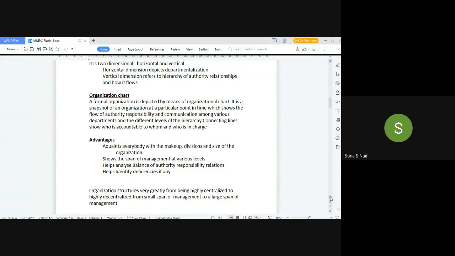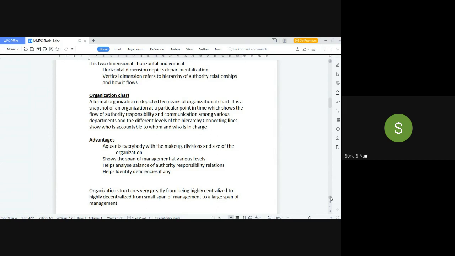They also help to show the span of management, whether it is effective or not, whether there is a balance of authority and responsibility relationships, or whether it is biased in some way, or whether there are any deficiencies, or whether we are placing too much stress on a particular area and ignoring other areas, or placing too much importance on certain positions in the organization. All that can be seen when you look at the organization chart.